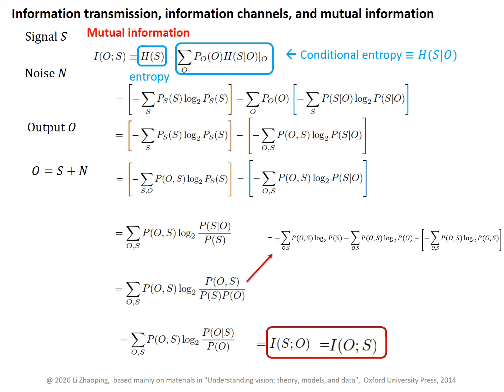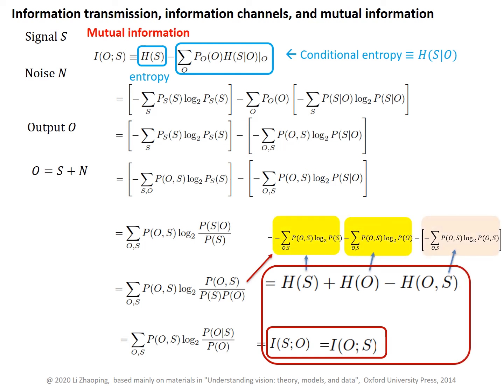We can expand this term further, writing out each of the three factors inside the log in detail as a sum of three log terms. We can see from the formula of entropy that this becomes the difference between the sum of individual entropies H(S) and H(O) and the joint entropy H(O,S).